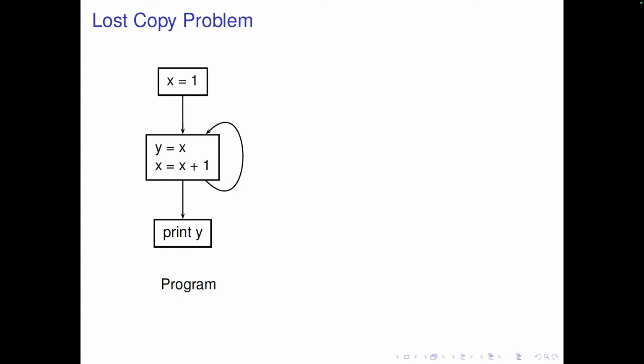First time you come back, y becomes 2, x becomes 3. You come back, y becomes 3, x becomes 4. Then you come out, print y. So you are printing 3. Okay.